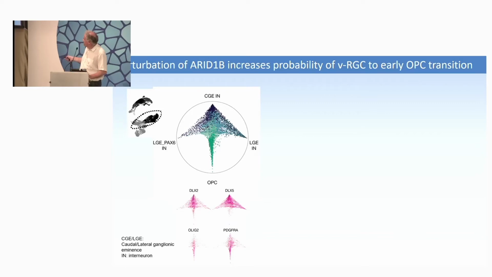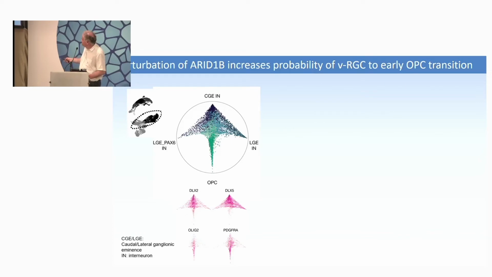The progenitor cells are in the middle, and then the cells are plotted according to their probability to differentiate into the LGE, the CGE, or a different subtype of neurons. You don't need to know what these different regions are. These are regions that give rise to particular subtypes of interneurons that are characterized by particular expression of different neurotransmitters.